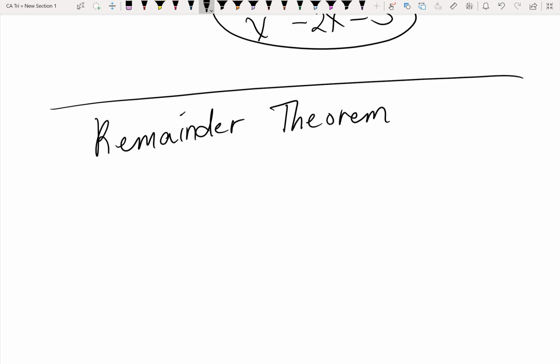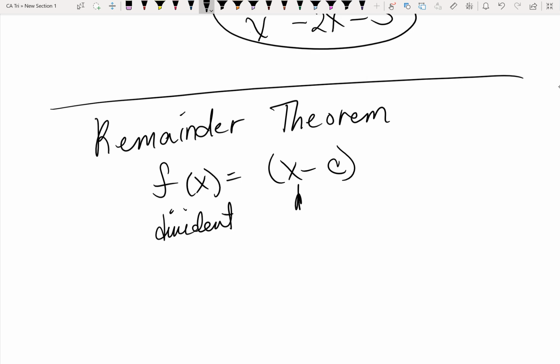So the remainder theorem says if I have f of x equal to, this is the dividend, equal to x minus c, which is your divisor, times the q of x, which is our quotient, plus the remainder. So this is your quotient, and this is your remainder.